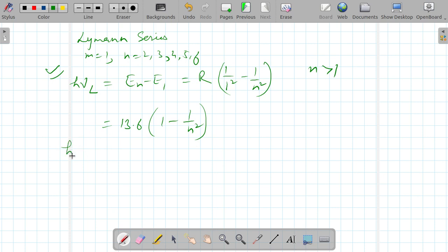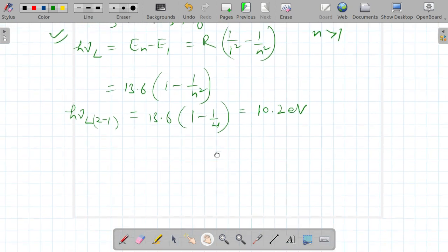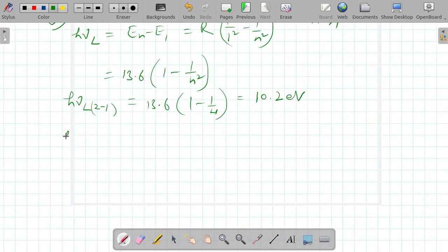So h nu L for the Lyman series, if there is a transition from second to first level, then it is represented by 13.6 into 1 minus 1 by 4. So it is 10.2 electron volt. Right, and similarly h nu L for the 3 to 1 level transition is 13.6 into 1 minus 1 by 9, and its value comes out to be 12.09 electron volt.